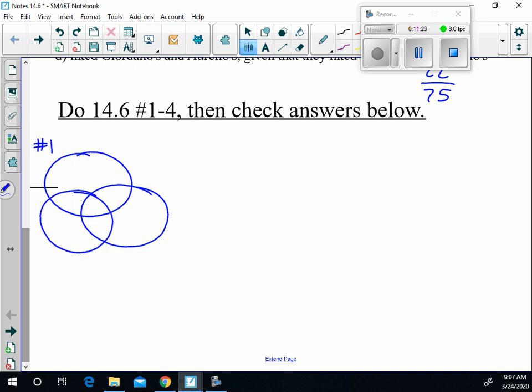All right, let's label them here. How about we put football up here at the top, basketball on the right, and our soccer down here on the bottom left. Okay, starting on the inside and working our way out. We have 2 that liked all 3 of them, right in the middle. Then above that, we have 8 liking basketball and soccer. So we can't put an 8 in there.